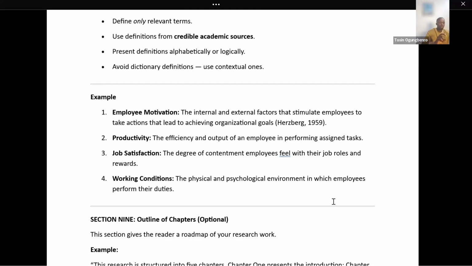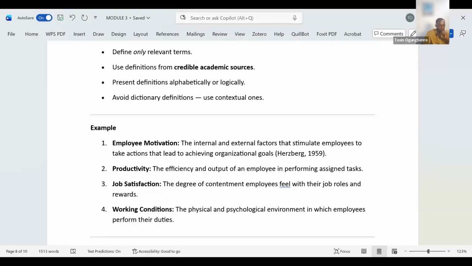We have a question because I want to touch on chapter three. I think somebody has been asking a question. Okay, can the scope of study determine the methodology used in the research? You should have determined your methodology before. This is the thing.